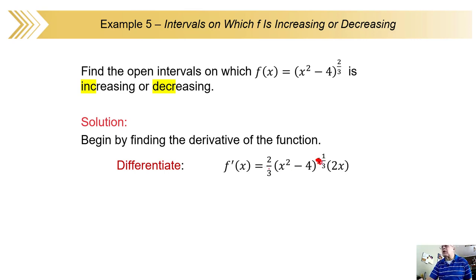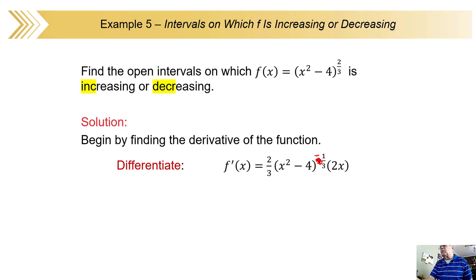It should be 2/3, that comes from the exponent. The new exponent becomes 1 less than that, or negative 1/3. So I'll have to fix that in my master here. Slide 21. Okay. Now we've got our derivative fixed.